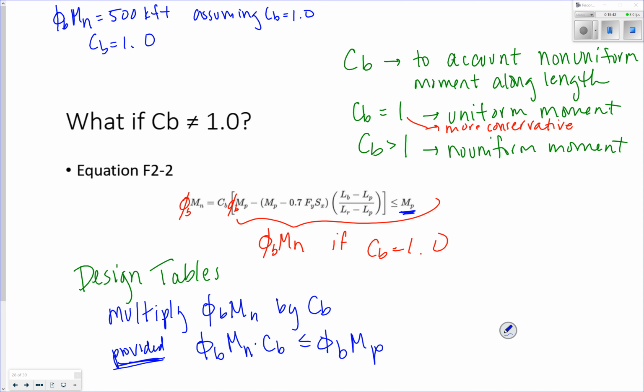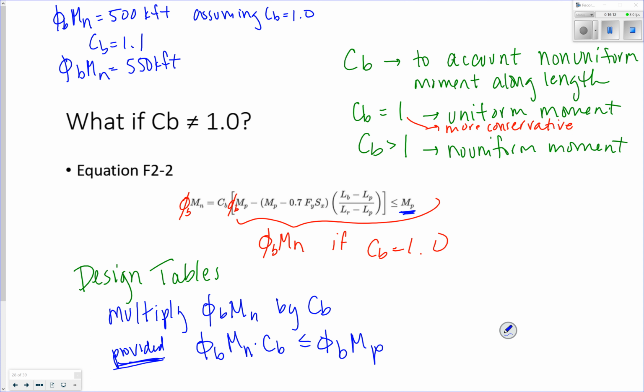Well, I can just multiply that. Now my capacity is 1.1 times 500, 550 kip-feet. If I'm assuming I don't have a non-uniform moment distribution along the length, I can get another 50 kip-feet out of it, right? That's 500 times 1.1.